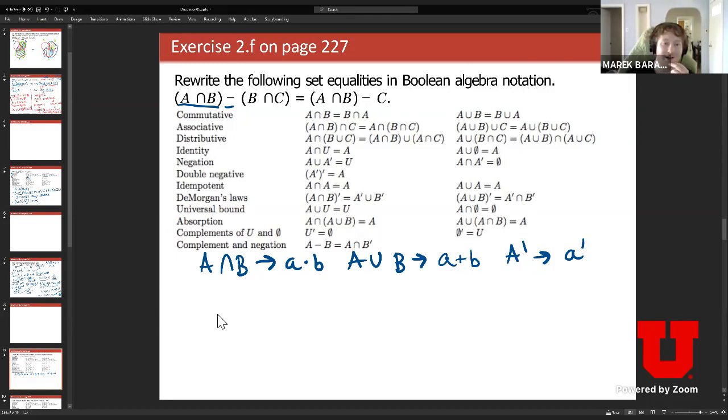So we have this subtraction. We're going to need to use this complement and negation. Oh, okay, I see you're trying to prove this. We're just going to rewrite this formula. So we're going to use this complement and negation to rewrite the left-hand side.